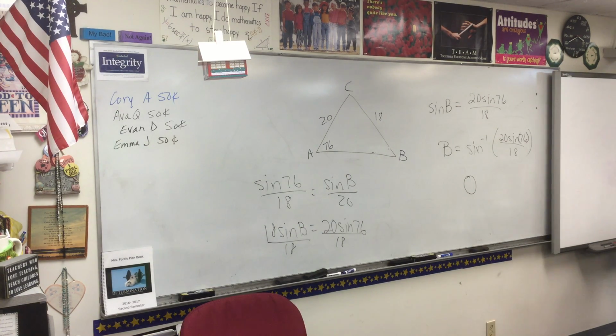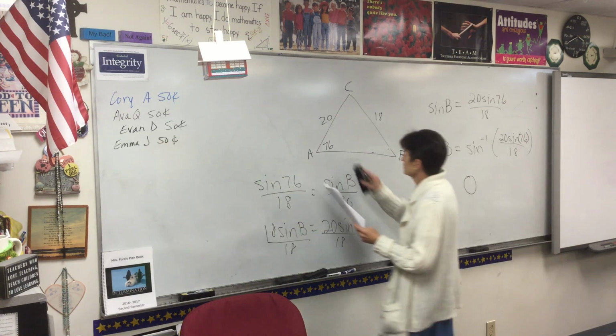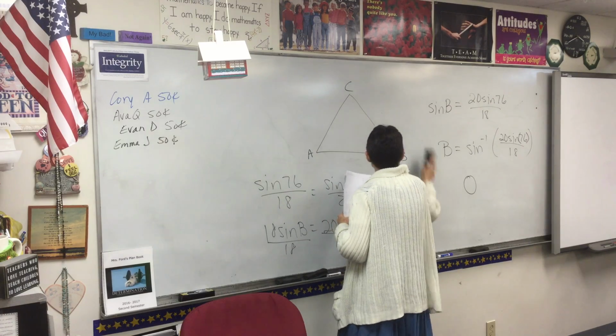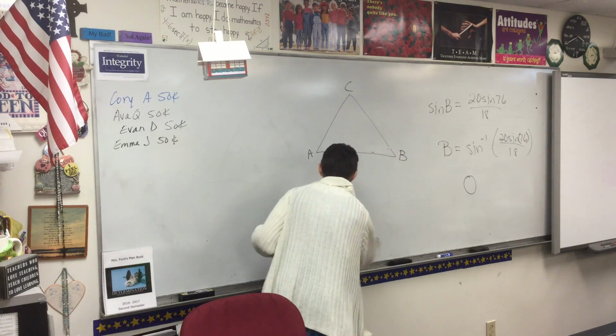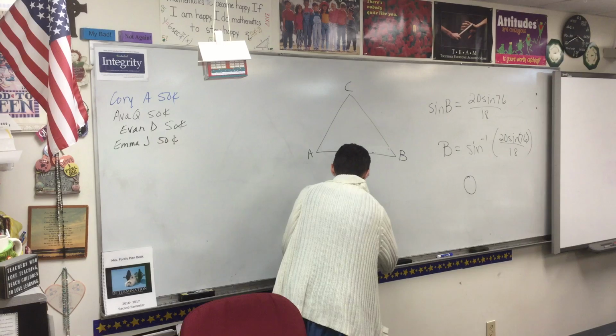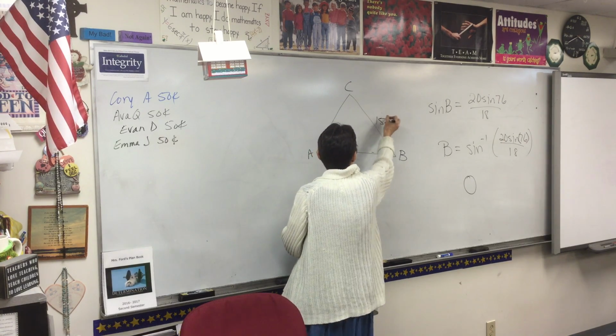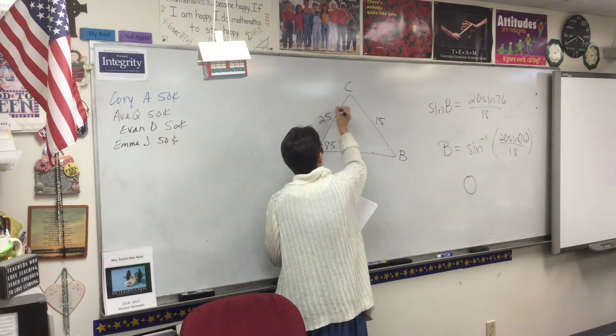All right, let's try one more. All right, so this time A is 85, a is 15, and b is 25.